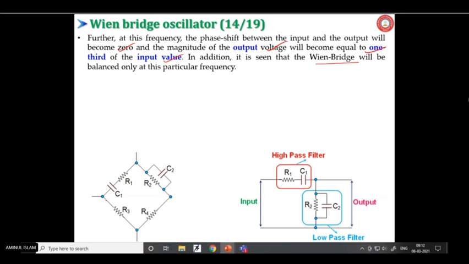What is this balancing? Sir, the amplitude will be constant. Now, balancing of the network is what?